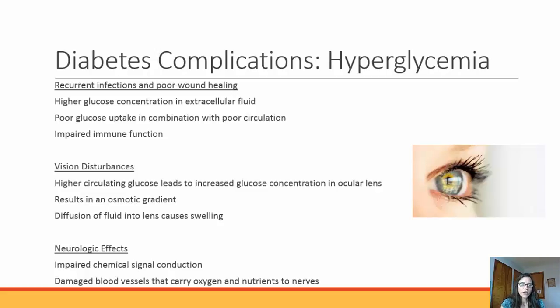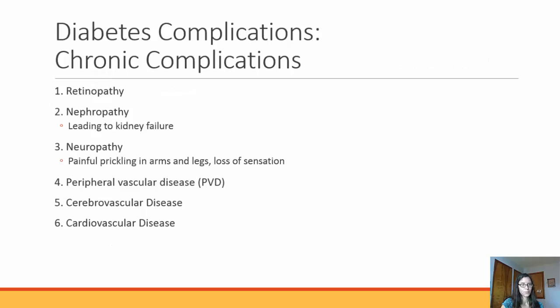They can also lead to damaging of the blood vessels. All this glycosylation, all this excess glucose can damage the blood vessels. And if we have damaged blood vessels, then we can't carry as much oxygen and nutrients to our nerves, and therefore we can have nerve damage. That's what we see so commonly in diabetes.